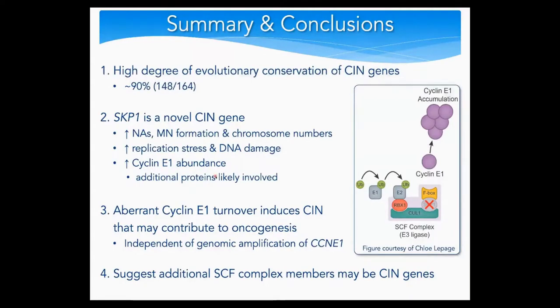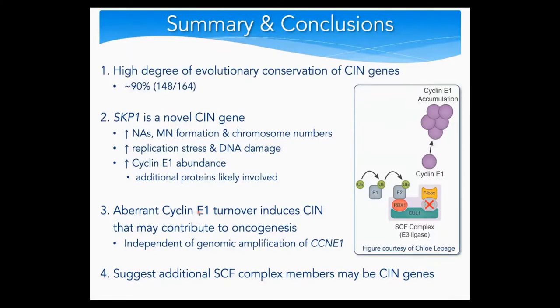However, we do believe there are likely to be additional proteins involved in the development of some of those aberrant phenotypes. In addition, this certainly shows that aberrant cyclin E1 turnover induces CIN and suggests it may contribute to oncogenesis in a similar manner to the genomic amplification of the cyclin E1 gene that occurs in high-grade serous ovarian cancer.